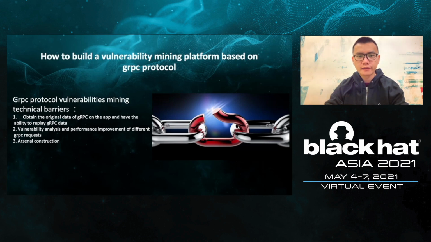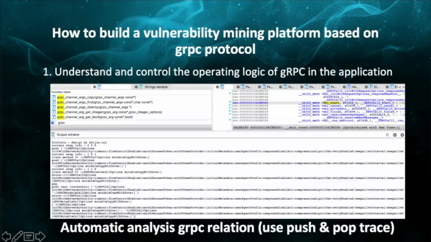On the other hand, we need a large data set to analyze which valid data is our focus. Finally, we need to build our own arsenal for different data features and implement payloads for testing remote gRPC services.